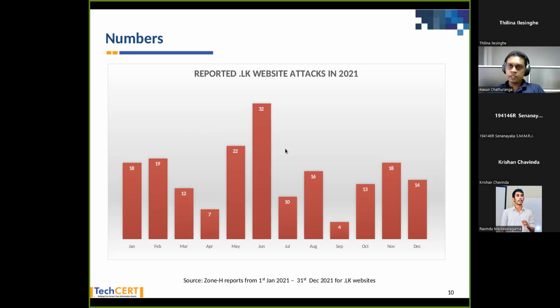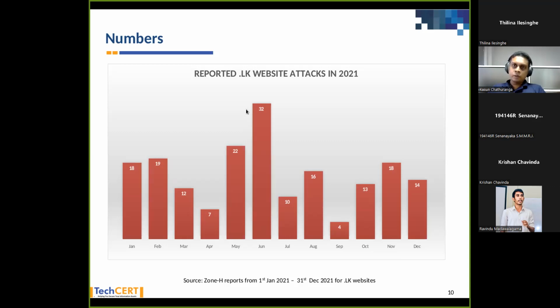And it's only a small portion, since it represents only the .lk part. This is based on data available on one of the forums which hackers use to glorify their hacking and get some sort of credit.